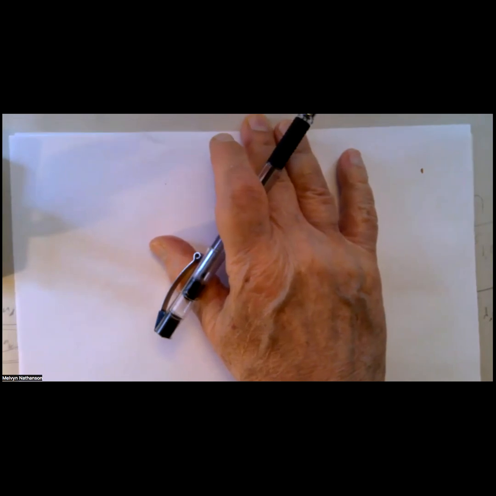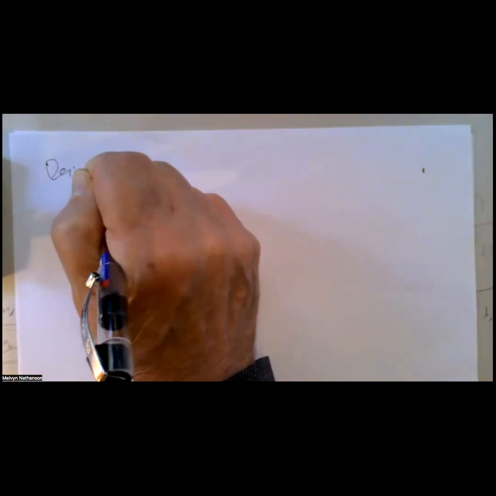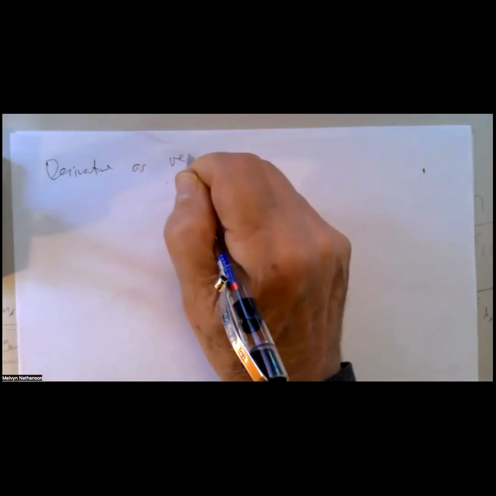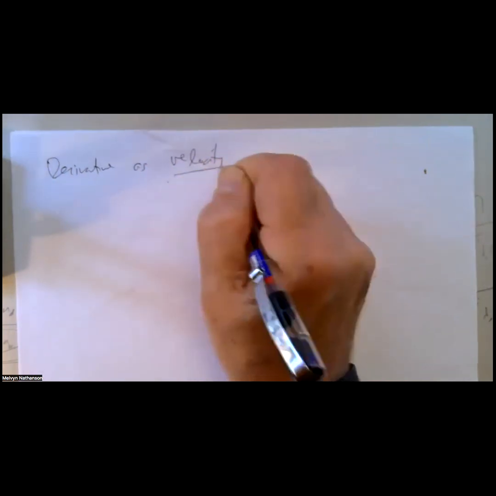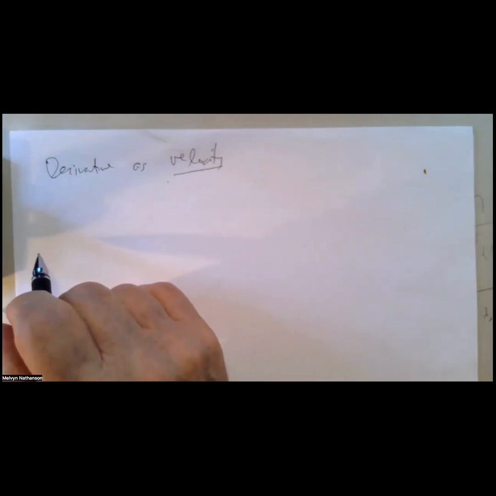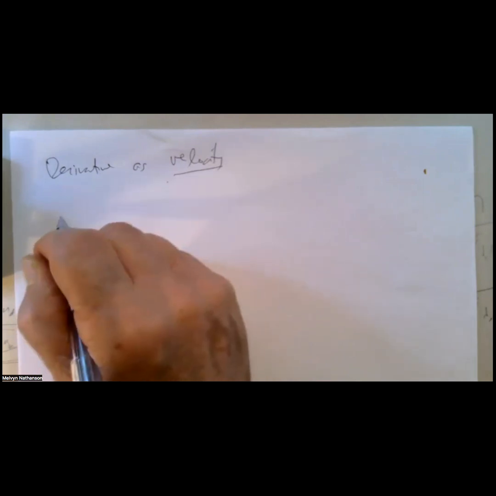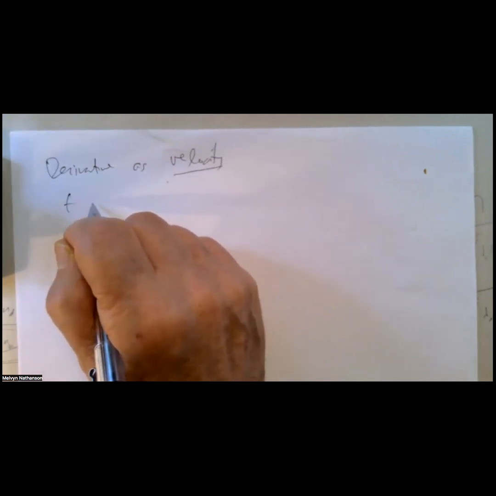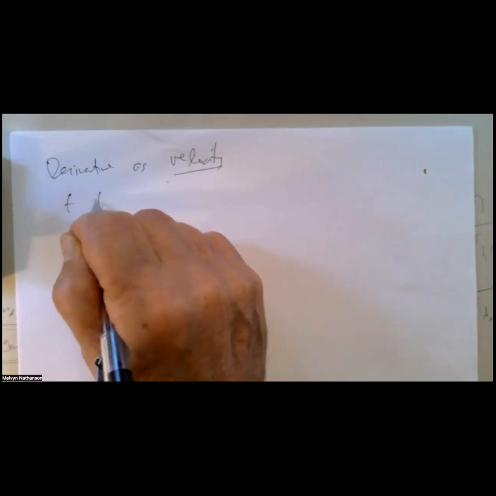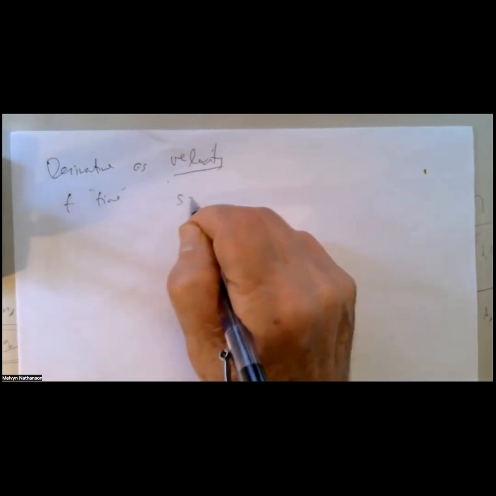So we have the idea of the derivative as velocity. And let's think of the variable t as time, and s equals f of t.